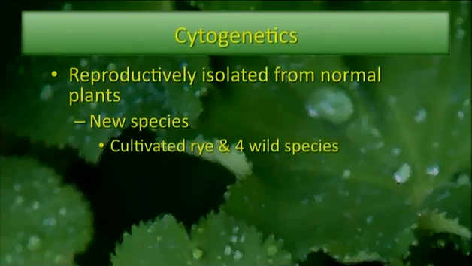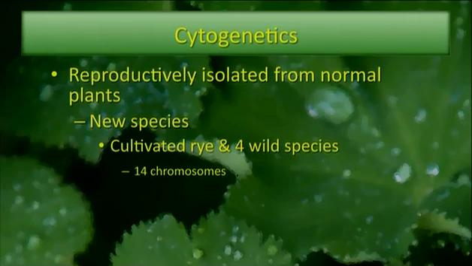Translocations lead to the wild species being reproductively isolated from the cultivated species, so genetic exchange between cultivated rye and the four wild species is limited. They have 14 chromosomes each, but still have limited crossing with each other due to the translocations.